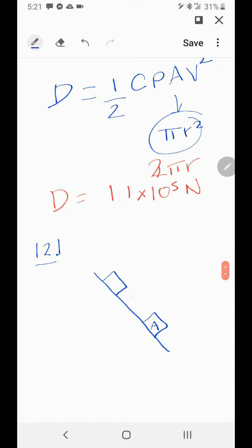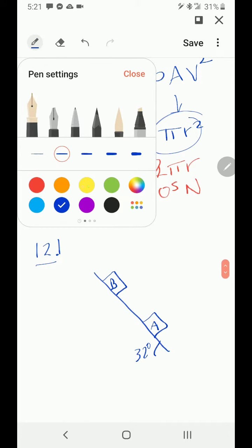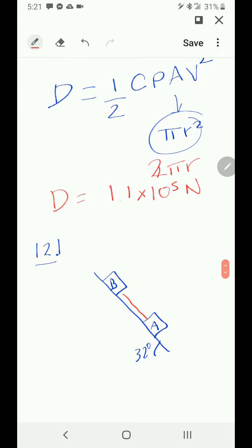This is A because it says A is closer to the floor, and it's on an incline of 32 degrees, and basically they ask you to find the tension in between these two. Each one of them weighs 5 kilograms, and they want to know what's the tension and also what's the acceleration of the system.